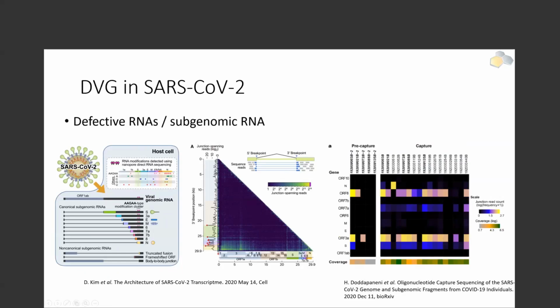They have a nice heat map showing the common regions for these breakpoints where we observe these deletions, because they reported mainly deletions for SARS-CoV-2. This is work that has been done in mice, but they've also observed these deletions in human patients, as we see here on the right. The second figure from the other publication reports DVGs identified in human samples.